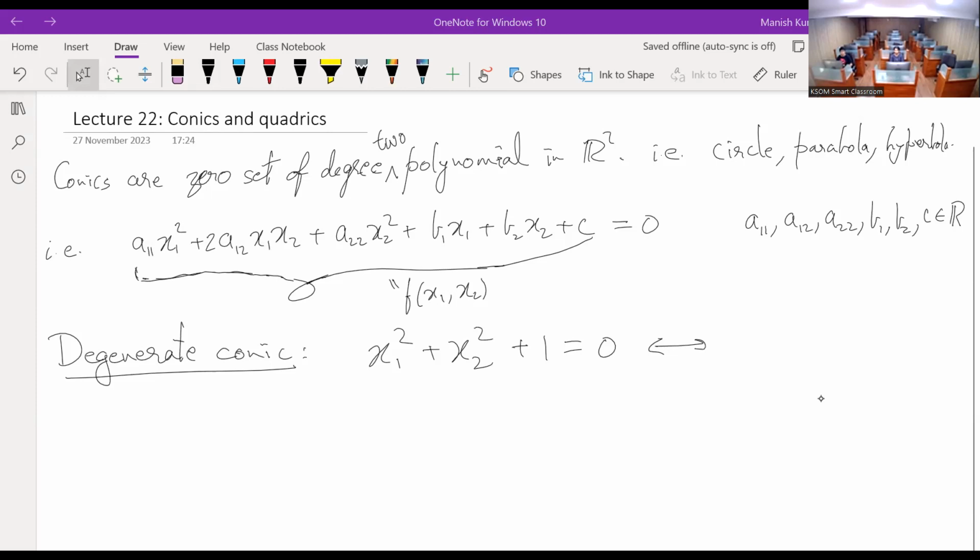So basically, you are looking at the graph of this. What will be the graph of this equation in R2? Is it +1 or -1? +1.